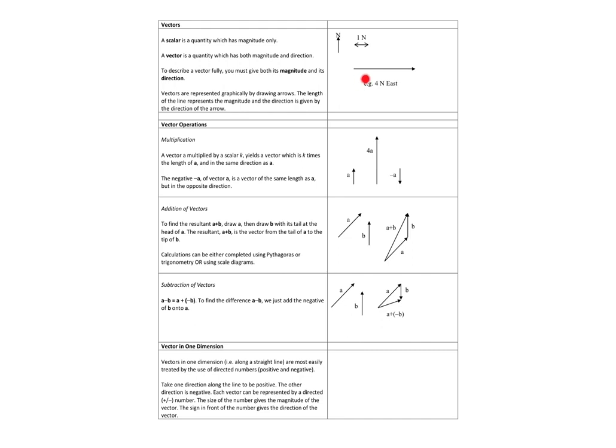So just as an example here, this vector represents 4 newtons, so it represents a force. We can tell that from the units, and it's in the direction of east, and that's using our standard north, east, south, west compass type directions. And if you like, our scale here shows that's 1 newton. Because it's 4 times the length of that scale line, then it represents 4 newtons.